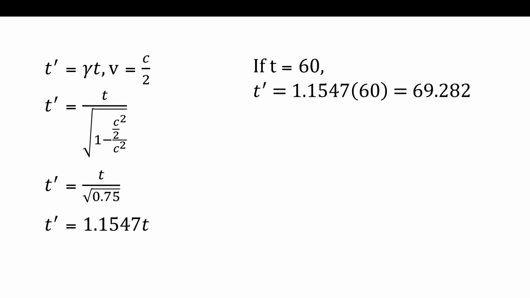Of course, this is pretty exaggerated. We're never going anywhere close to the speed of light, but this demonstrates just how drastic this can be the closer you get to the speed of light. When the speed of light is reached, time is infinite.